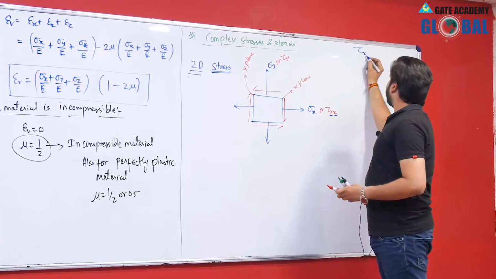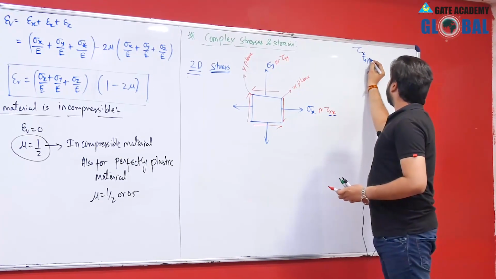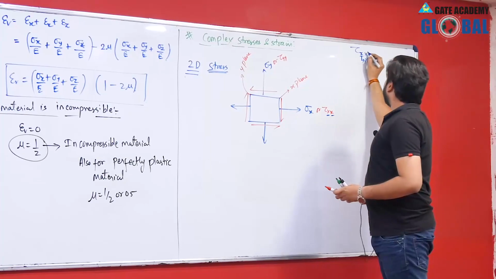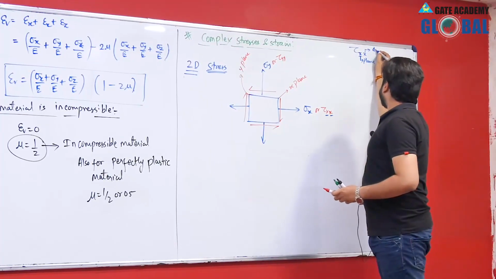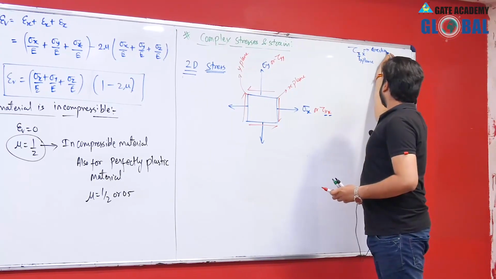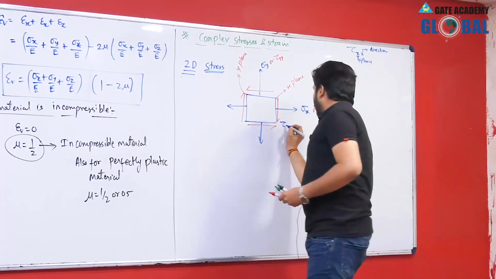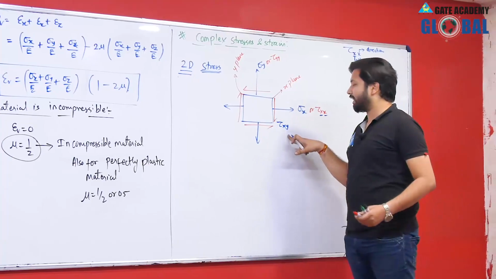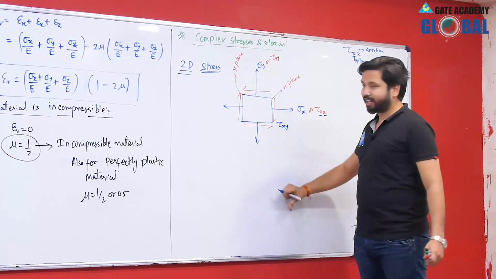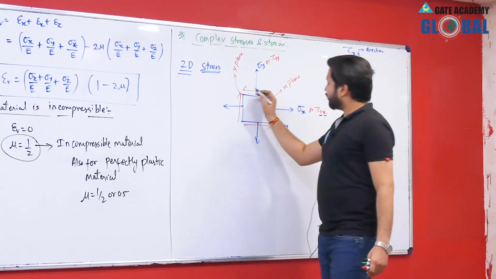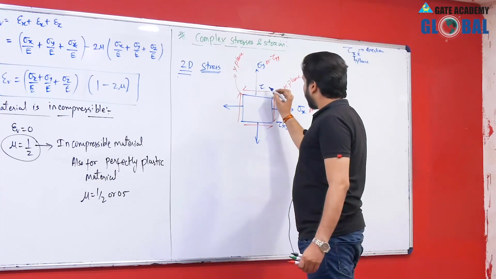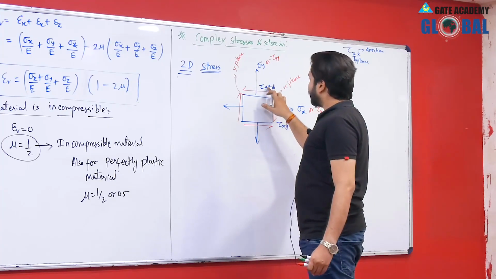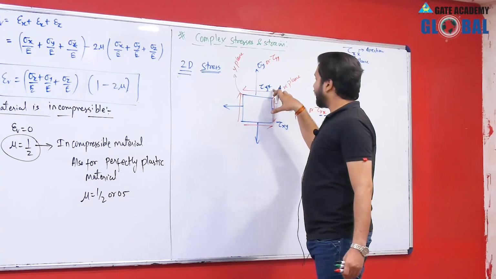So, the first letter will be for the plane and the second letter will be for the direction. Okay. So, this will be tau xy. So, this is the stress acting in x plane, but in y direction. This is a negative y direction. Okay. So, this shear stress will be tau yx, that means shear stress in y plane, but in x direction.